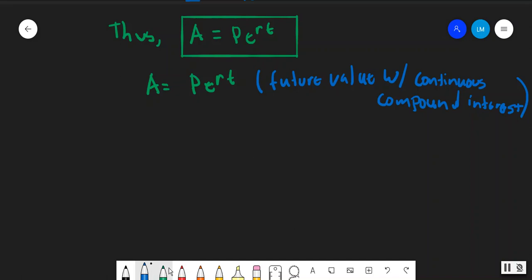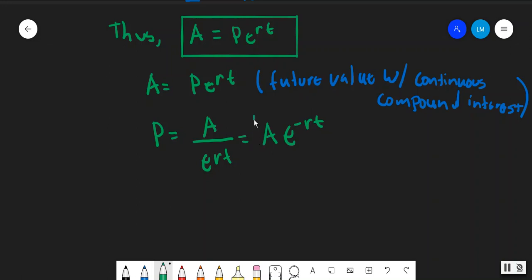Technically, I can solve for P. So P would equal A divided by e to the rt, but that's the same thing as A times e to the negative rt.